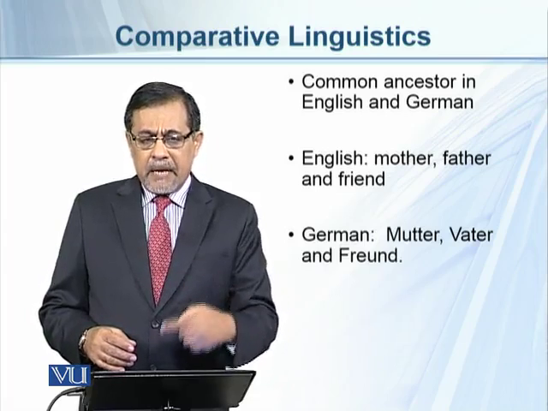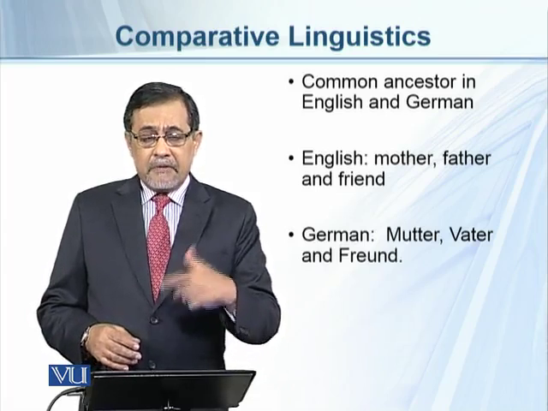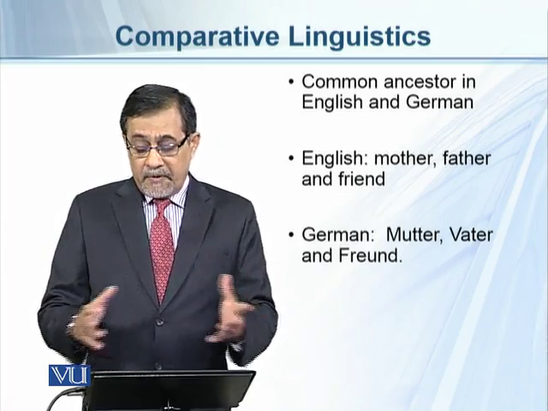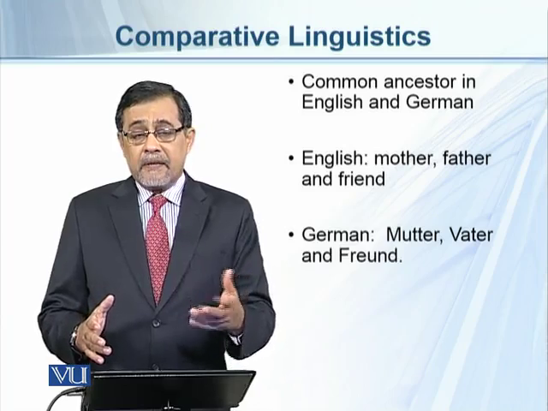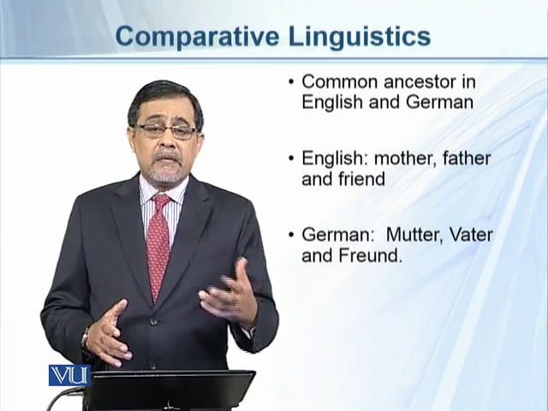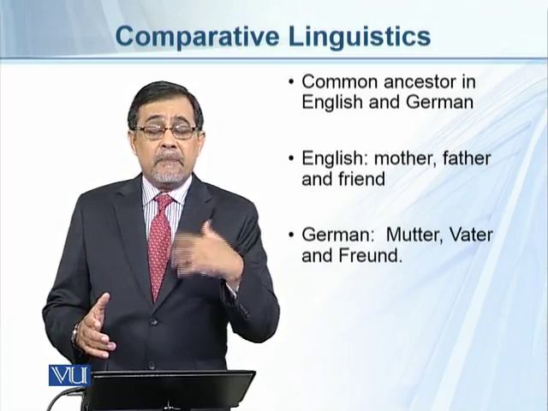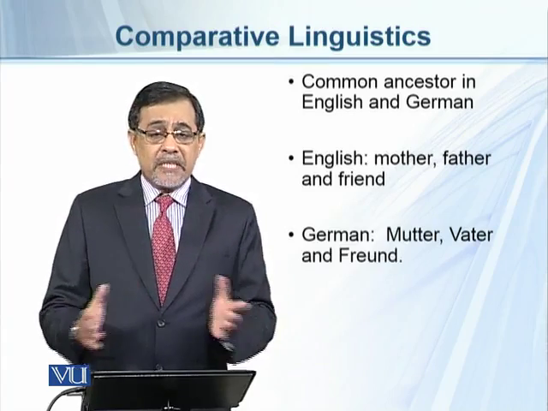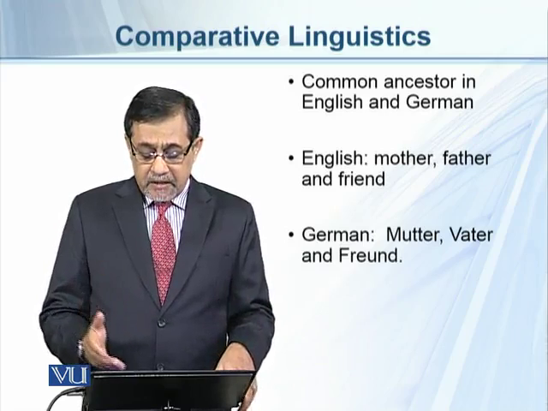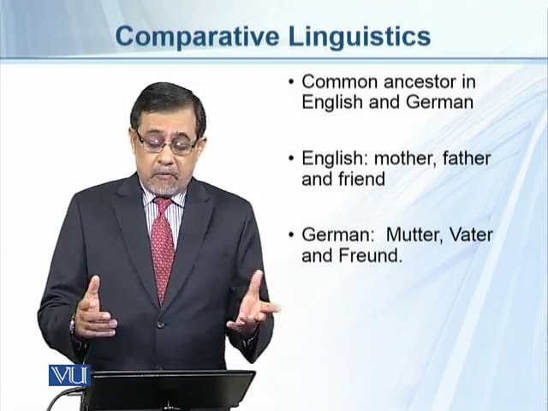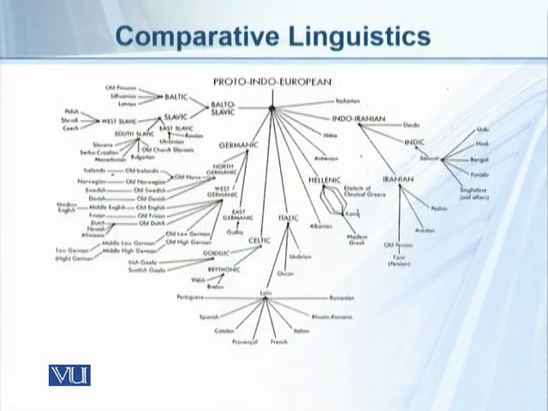Mother and Mutter have the same initial bilabial sound. But so far as father is concerned, father is a labiodental voiceless and Vater is a labiodental voiced. So here the voicing has changed. And so far as the third word is concerned, their place is the same and their voicing is the same. So this is one scene of Proto-Indo-European languages.